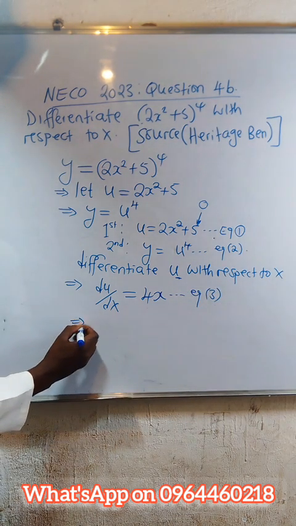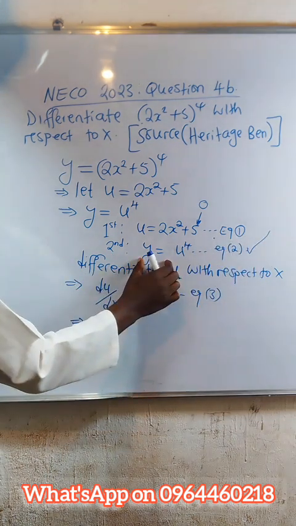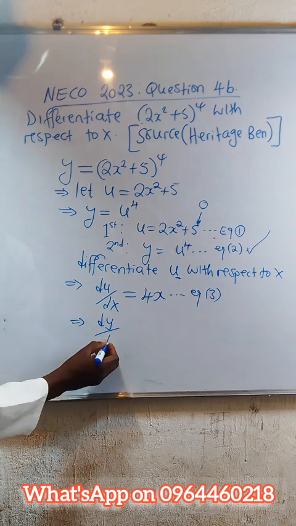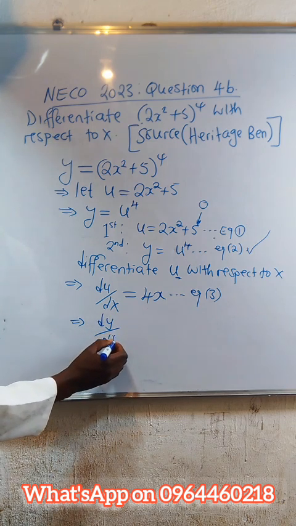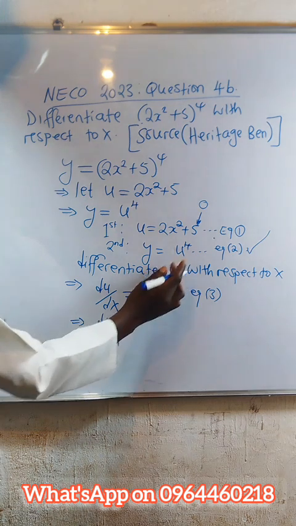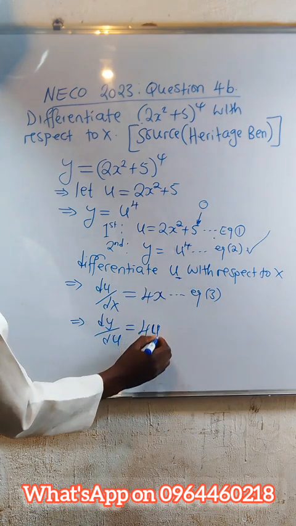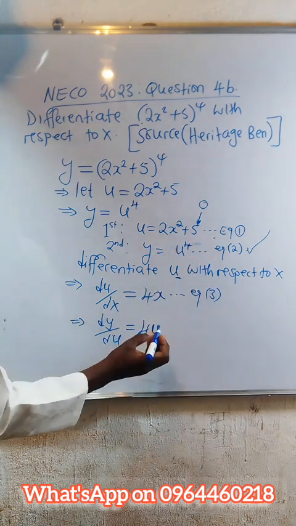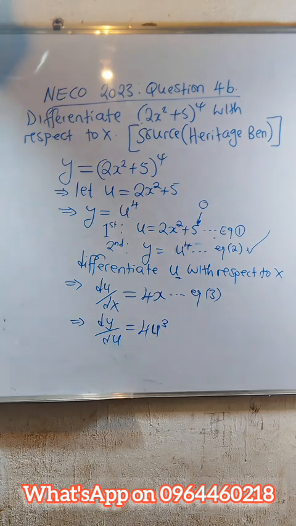Now the second one: we also differentiate y with respect to u. So dy/du is 4u, and then the power subtract 1, so the power is 3.